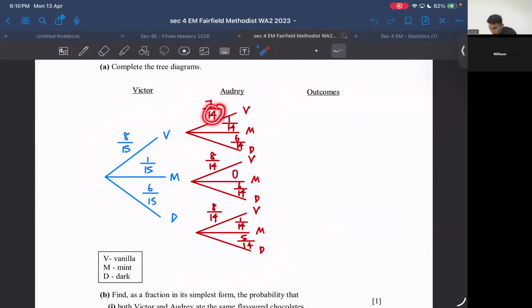So you can see the denominator is 14 for all of these, because Victor already took 1 chocolate. Then you just write in the corresponding values, which is 7 out of 14 and so forth. This one is easy stuff. I believe everybody can do it. You can just finish up this portion.